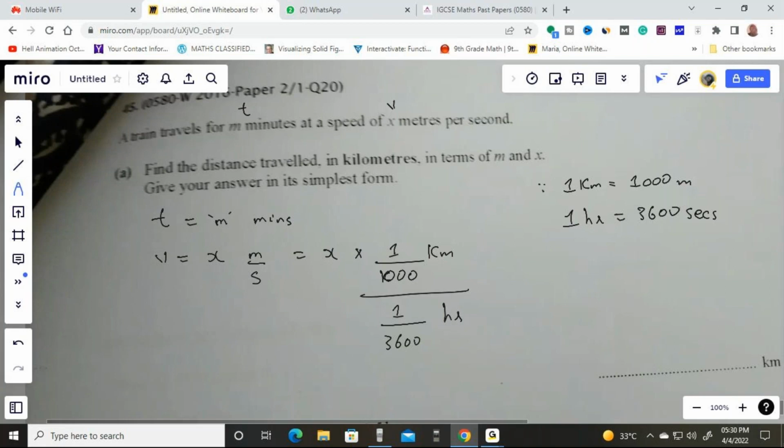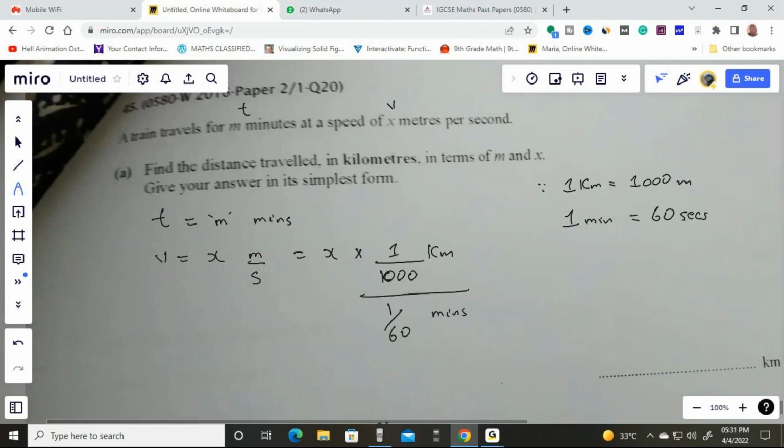But I don't need hours, I need minutes, I'm sorry. So 1 minute is equal to 60 seconds. I need that, not hours. I'm too used to hours. So let me go back. 1 minute is equal to 60 seconds, so 1 second will be 1 upon 60 minutes.